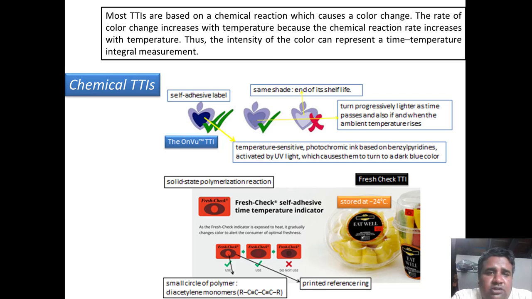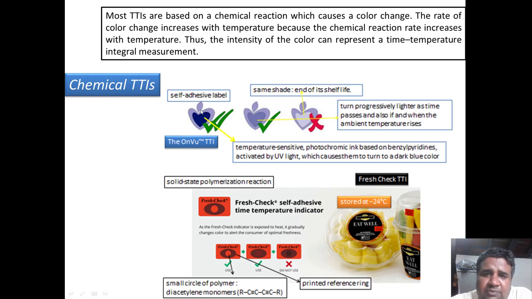In the case of the ON-VU TTI, it is a self-adhesive label. Here you can see two green tick lines. They are saying that if this blue color appears on the product, then it is okay. It has been pasted on the outside of the product or package.